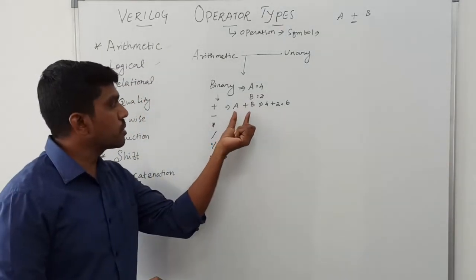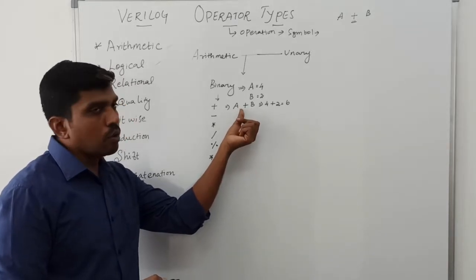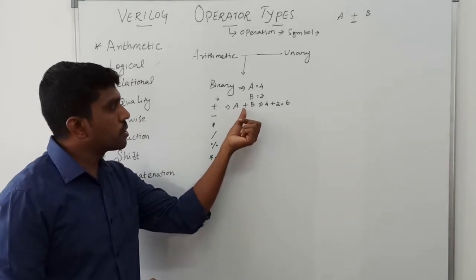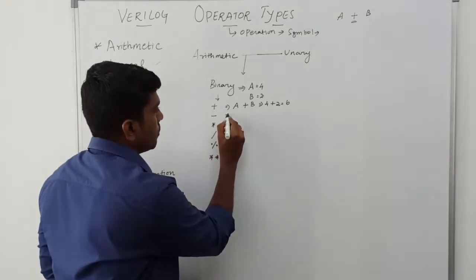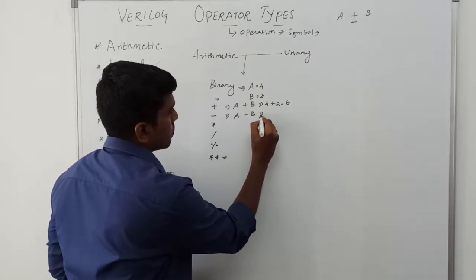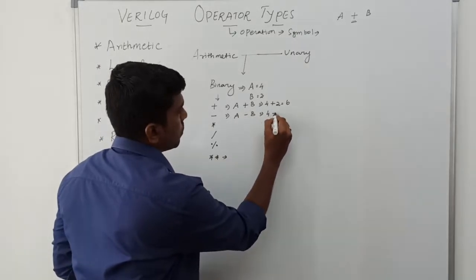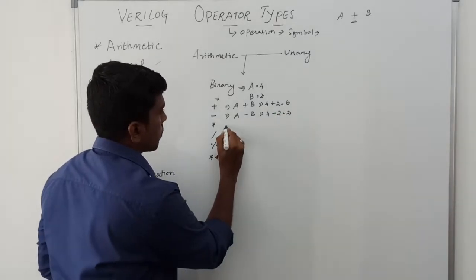You represent the two operands, and between them you use the operator. This operator symbol is plus, which just adds the two operand values. The next one, subtract. A minus B: operand A is 4, operand B is 2, the result is 2.